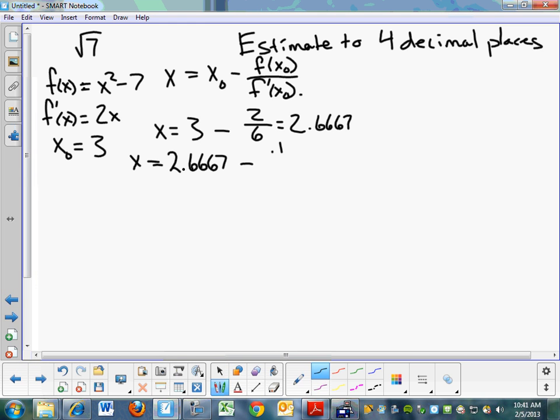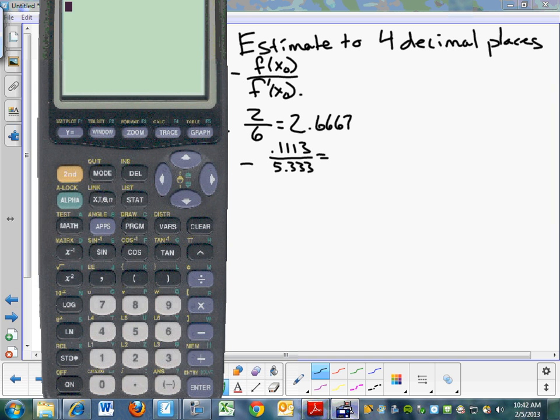Okay, so 0.1113, good, divided by 5.333. So 2.6667 minus 0.1113 divided by 5.3333.